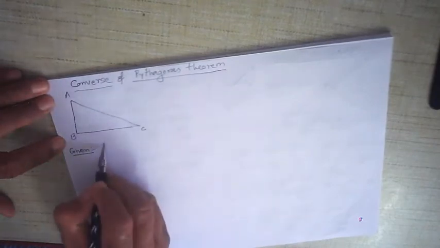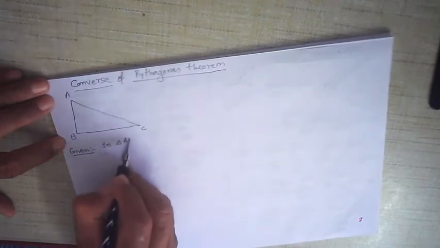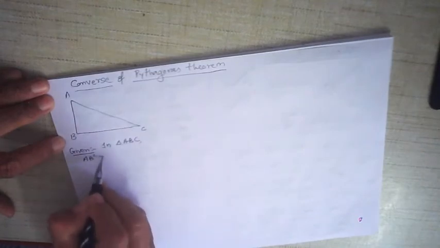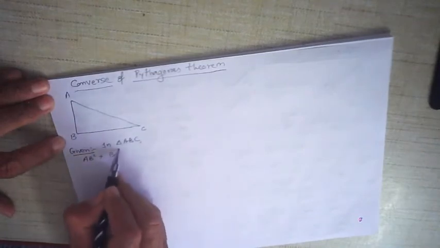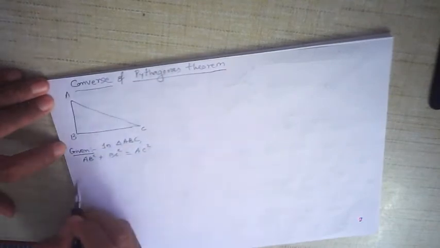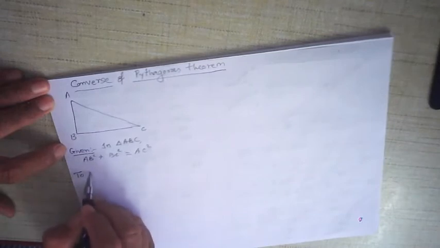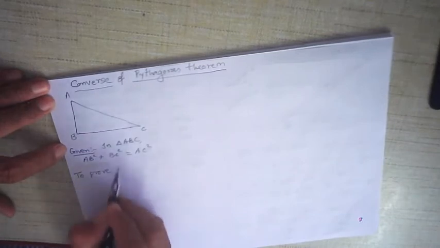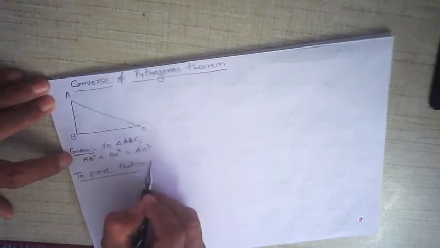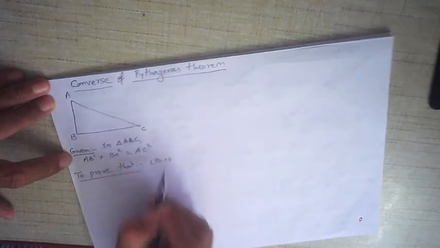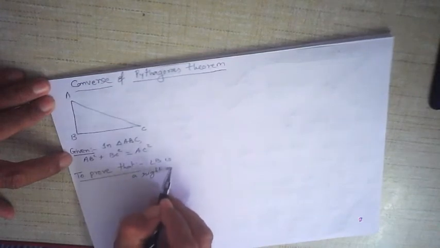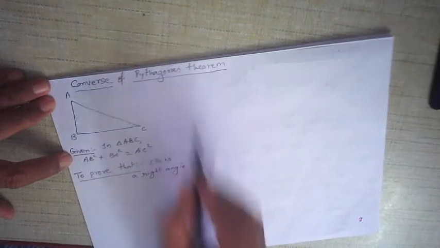Given in triangle ABC, AB square plus BC square is equal to AC square. This is given to us, and we are supposed to prove that angle B is a right angle.